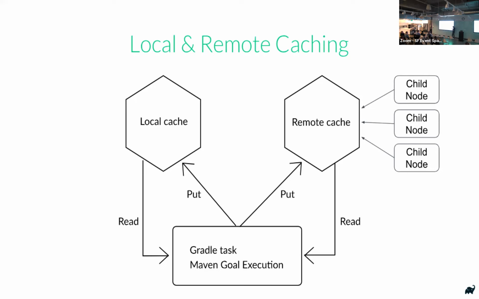No. Then they build and put the output in the local cache, but not in the remote cache. Another reason is that developers often have dirty working copies with changes they haven't committed yet, so they would put a lot of stuff in the cache that by definition no one else would be interested in. So CI builds read and write to the remote cache, and developer builds only read from it. You can configure it however you want, but that's usually what we recommend.